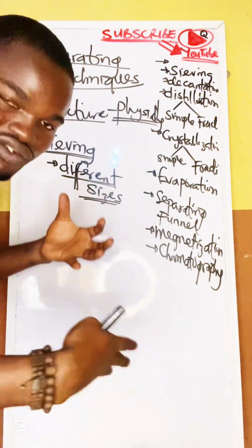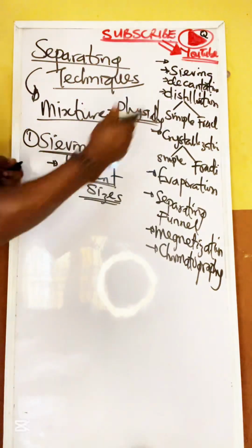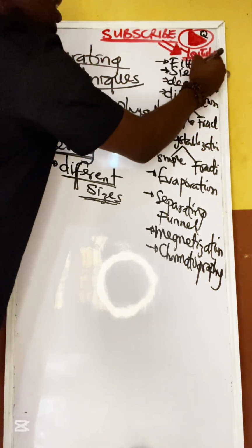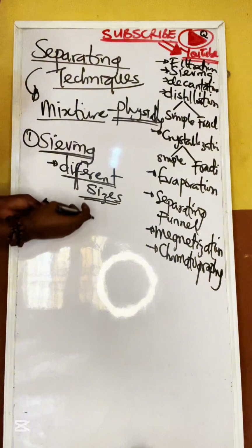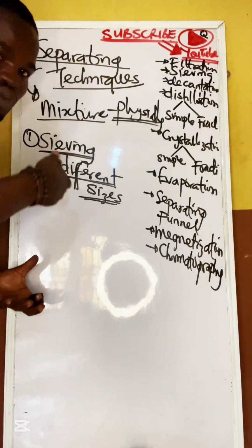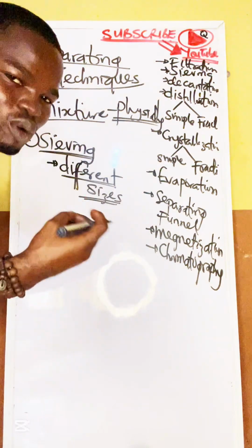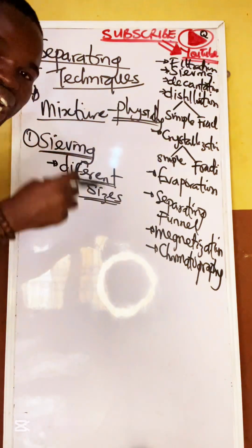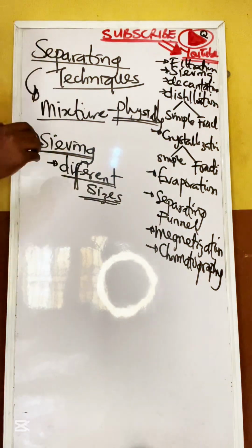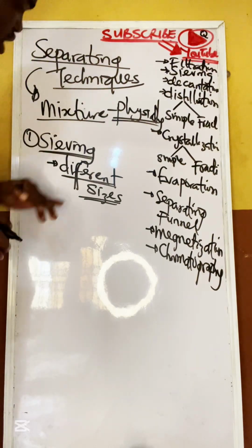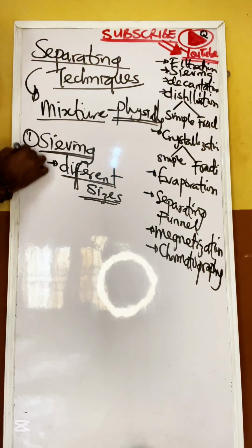It will start sieving such that the beans will be on top, inside the sieve, while the rice will be down. So what property do you think we use? It is that the rice and beans are of different sizes. That's all you need to know. This is what JAMB will ask you, the properties we use here.